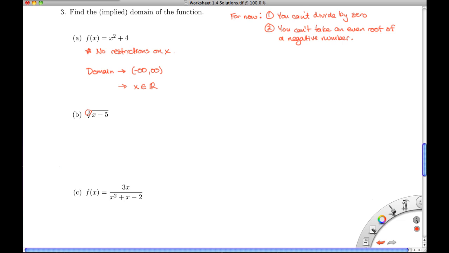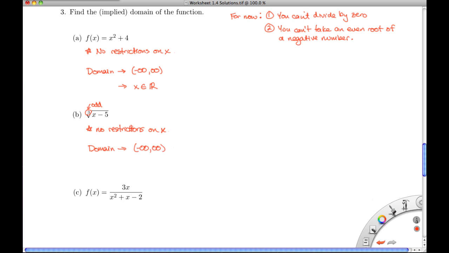So again, we see that there are no restrictions, because this is odd on x. And again, we see that our domain is just going to be the entire real number line from negative infinity to positive infinity.